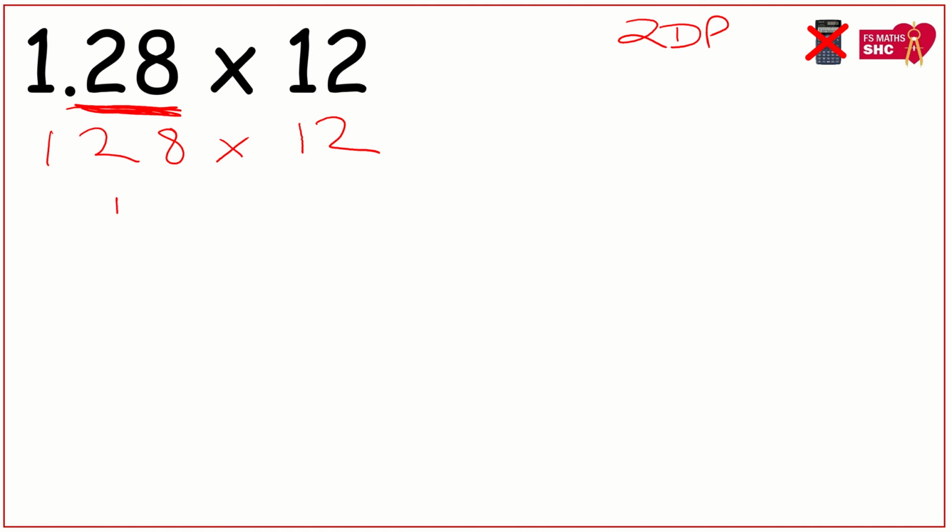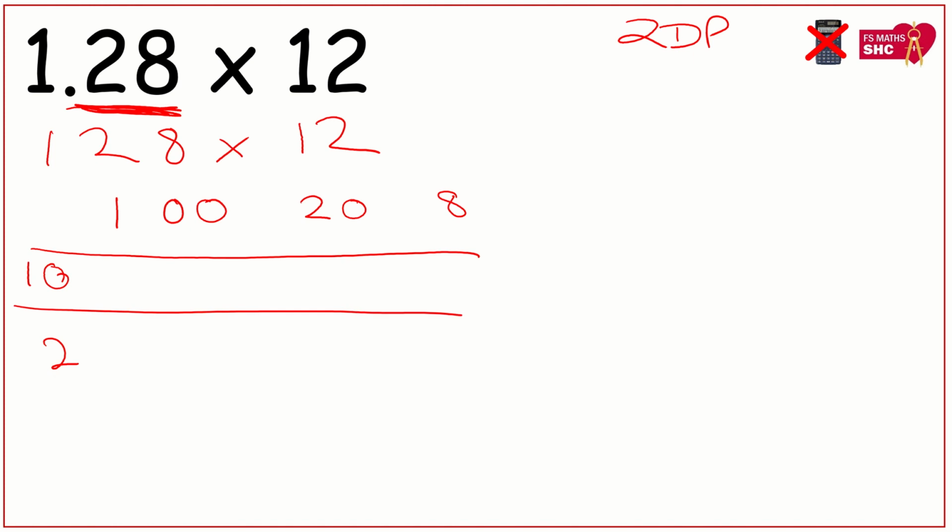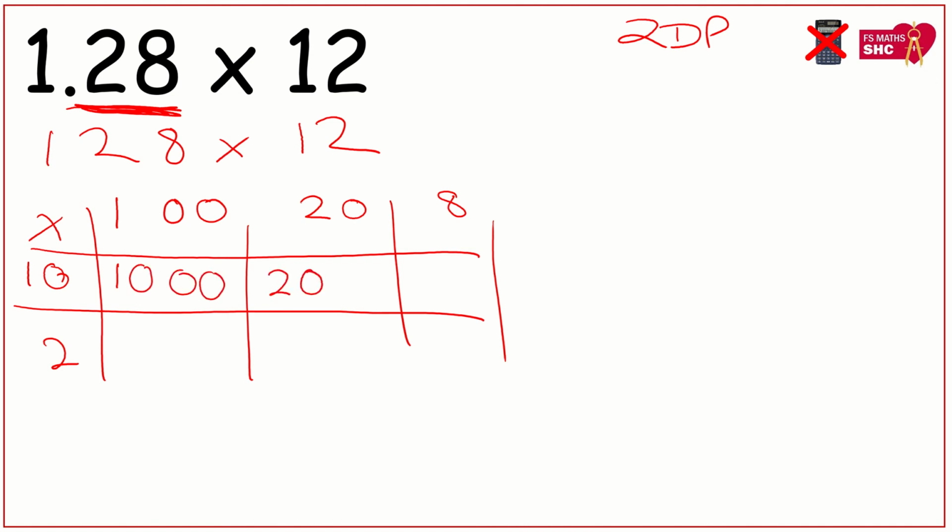I'm going to do that in a grid multiplication. Here's my table. We've done things like this already in class, but if you want some more practice on things like this, then let me know and I'll send this out to you.